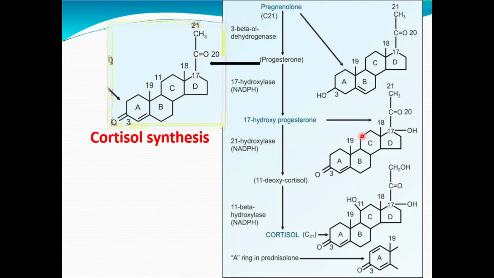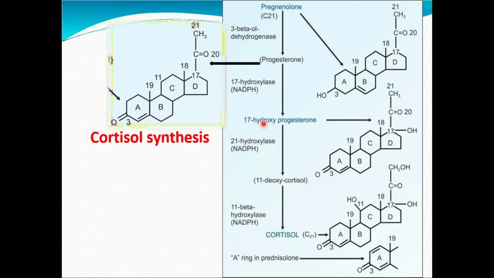The synthesis of cortisol is under the control of an anterior pituitary hormone, which is known as ACTH, and a negative feedback mechanism in which elevated cortisol level suppresses the release of ACTH, and ultimately this whole process stops.